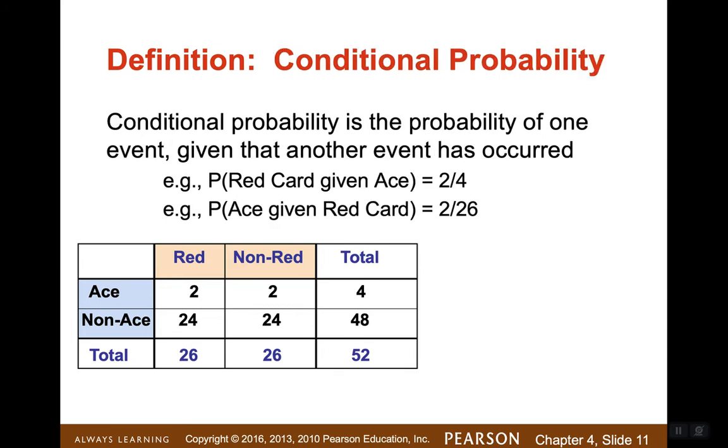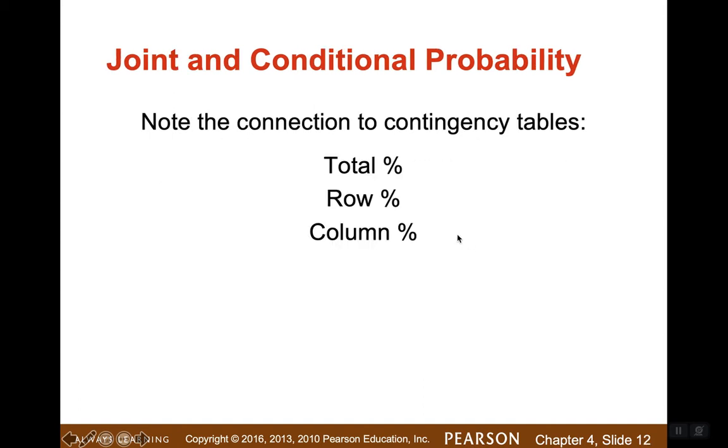Conditional is, given that we have one characteristic, what's the probability of us getting the other one? And once again, we can look at our table here, and by taking the appropriate values from within the table, we can calculate these percentages very simply.